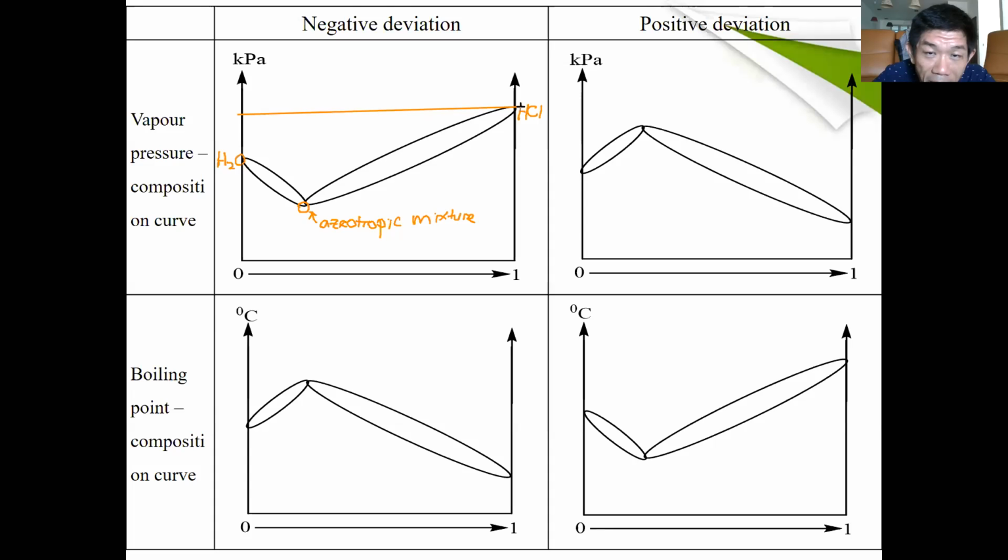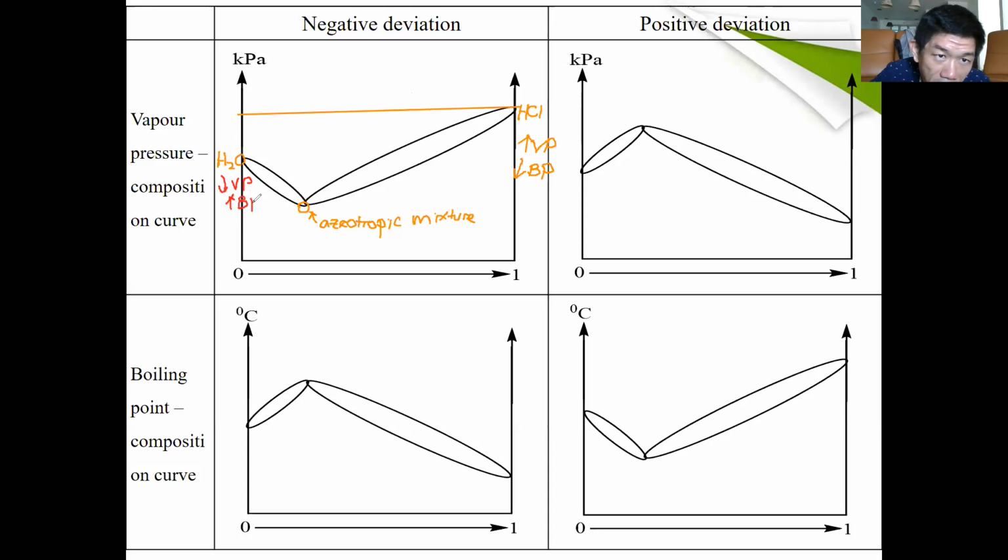Those with a higher vapor pressure will have a lower boiling point, and conversely, those with a lower vapor pressure will have a higher boiling point.